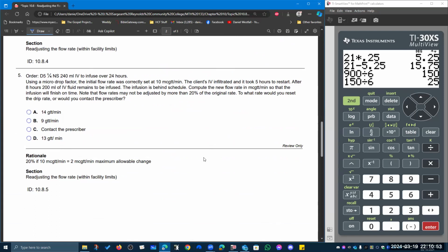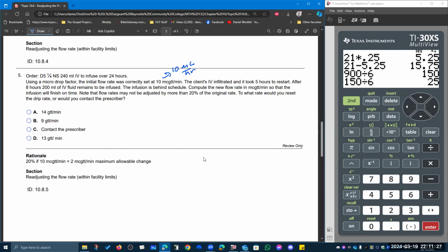So we have this solution that we want to infuse over 24 hours, 240 milliliters of it, using a micro drop factor. The initial flow rate was set to 10 micro drops per minute. This is the same thing as 10 milliliters per hour. The client's IV infiltrated, and it took 5 hours to restart.